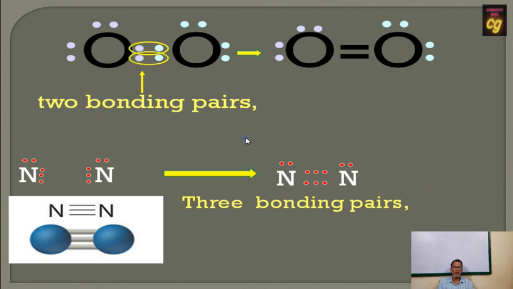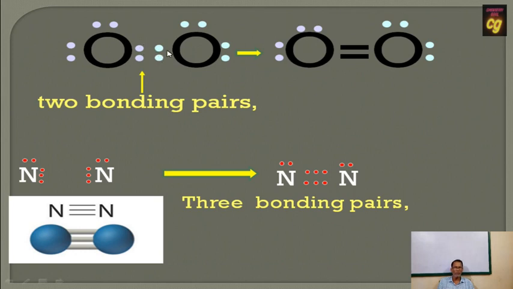So the contributed pairs of electrons, that means 4 electrons, are shared by both oxygen atoms in the oxygen molecule. As 4 electrons are shared between the 2 oxygen atoms, a double bond is produced between them.